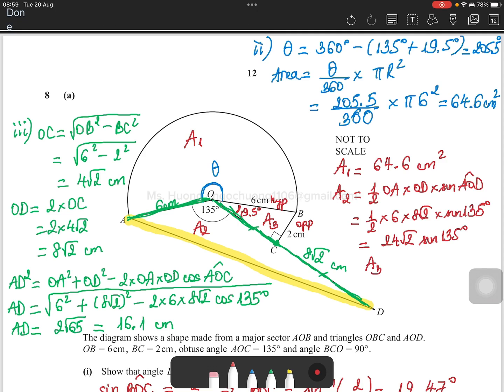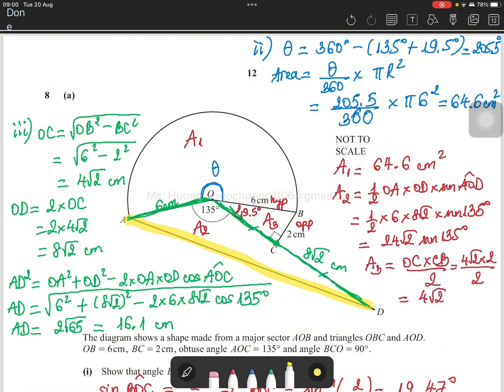Finally, A3 is equal to OC multiplied by CB, then we divide it by 2. OC is 4 root 2 and CB is 2 centimeters, then we divide it by 2, and the answer is 4 root 2.